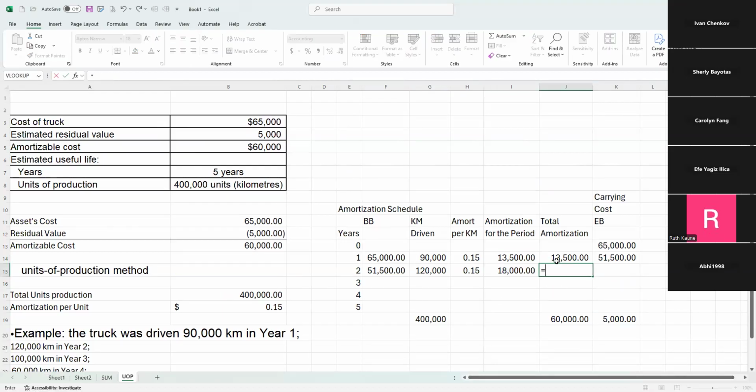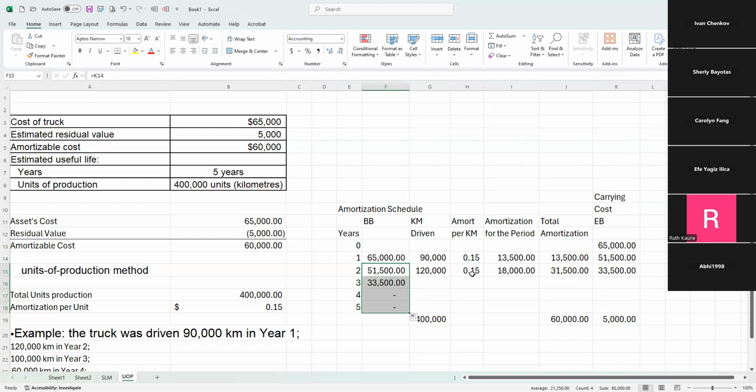My total amortization will be the first year plus the second year, and my carrying cost will be previous year minus current year.